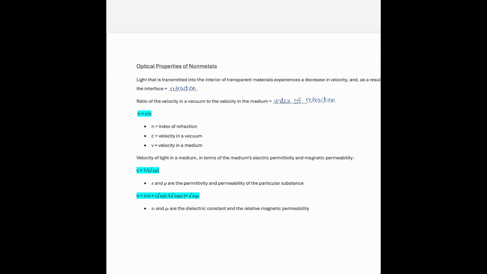We've got N is equal to C over V. So N is the index of refraction, C is our velocity in a vacuum, and V is the velocity in a medium.